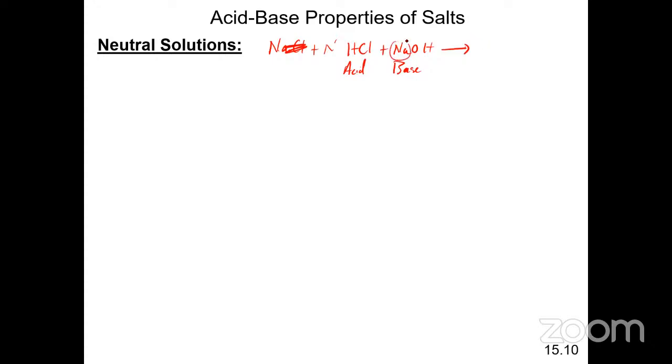We simply take the positive part of the base and combine it with the negative part of the acid, and you're going to get the formula for the salt, which in this case would be sodium chloride and water. Now we know that water is neutral. The sodium chloride in this particular case would be neutral as well. So this is basically why we call this the neutralization reaction. Presumably, the products of the reaction between something acidic and something basic would be neutral.